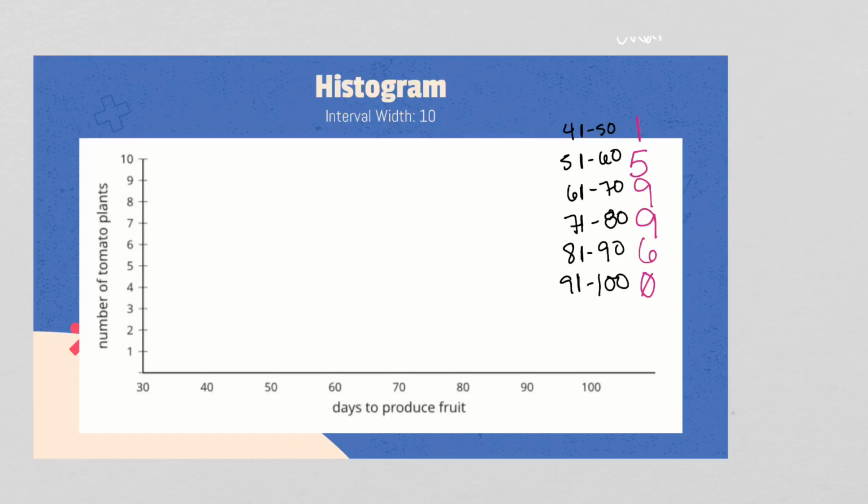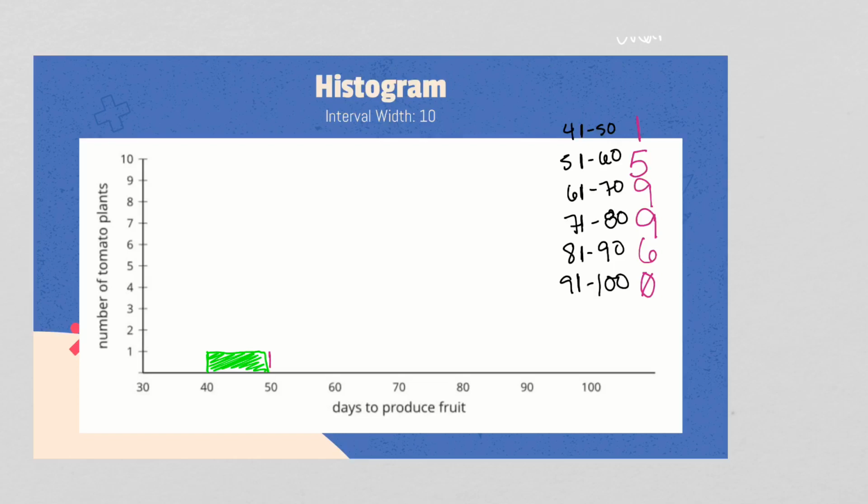So I'm going to take 41 to 50, and I'm going to put 1 bar right here up to the 1. I'm going to kind of shade that in. You don't have to shade it if you don't want to, depending on what the instructions say on each assignment. So we have 51 to 60. We have 5.